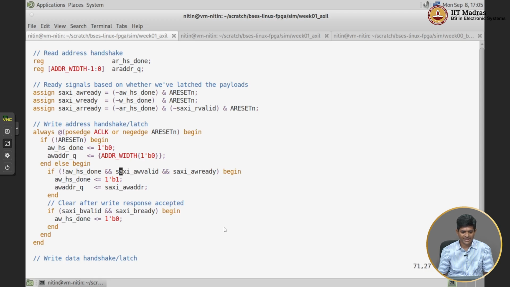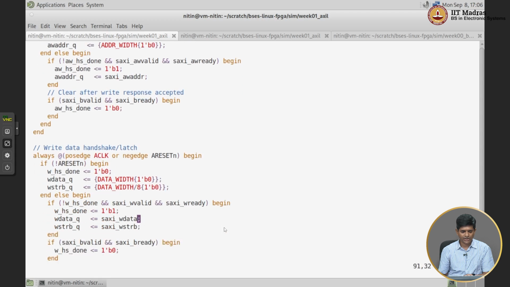I am looking for the SAXI AW valid and SAXI AW ready, and I am using this AWHS done to ensure that once both of these signals become high, I am not going to let another transaction happen until the write response has been sent back. So if I write one data, I want to make sure that my AW ready goes low and stays low until I have sent back the response and I am ready to accept the next AW address.